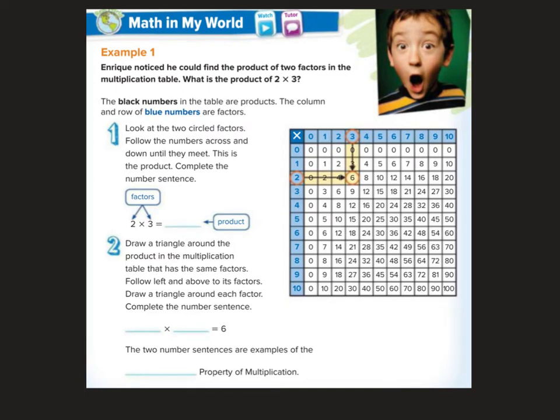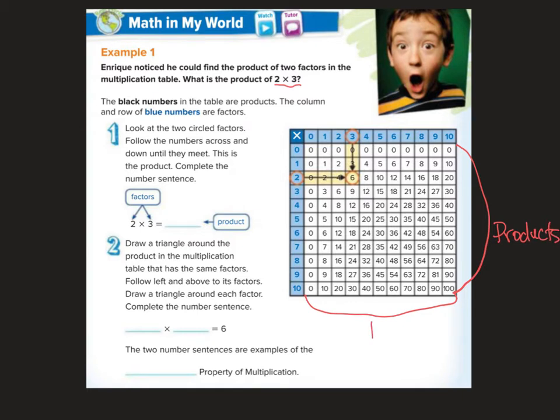Example 1. Enrique noticed he could find the product of 2 factors, the 2 numbers we're multiplying, in the multiplication table. What is the product of 2 times 3? All the black numbers in here are the products.